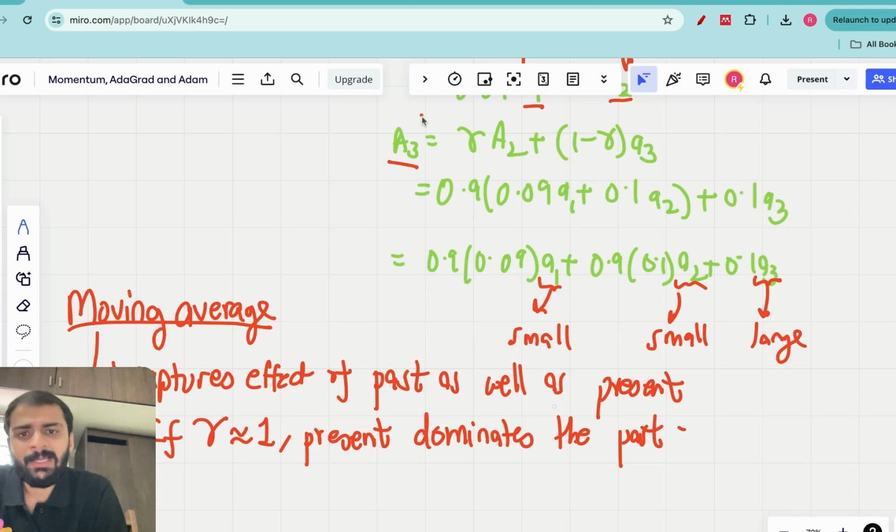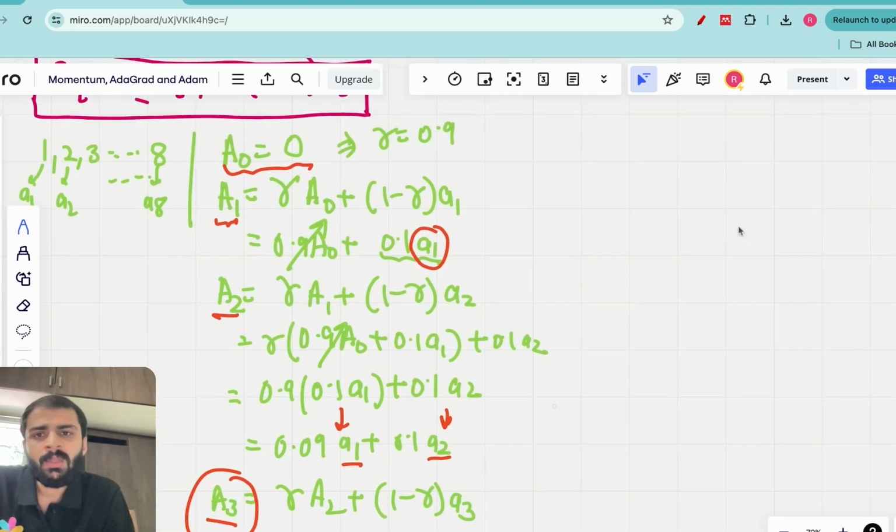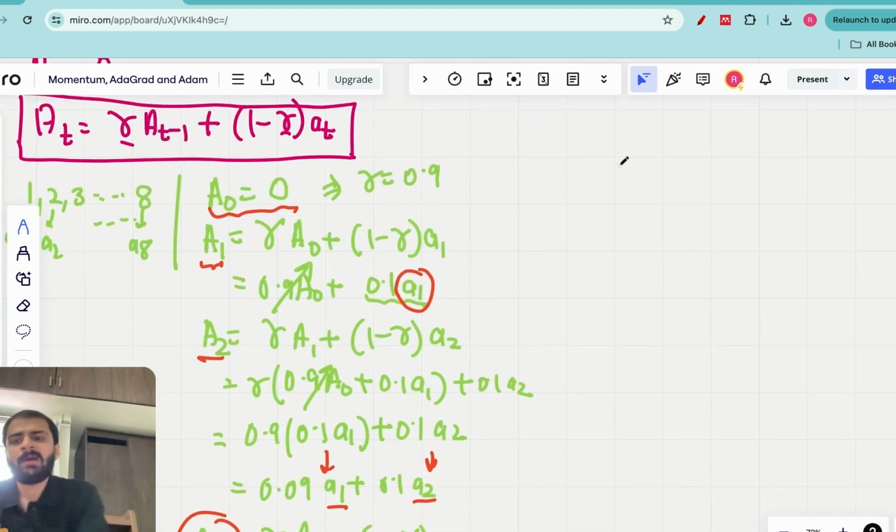Here you see capital A3 is the current moving average. It has memory of small a1, small a2 as well as small a3. But if gamma is very close to 1, then the past values are given much less preference than the present value. Now let us look at what happens if gamma is actually a small value.